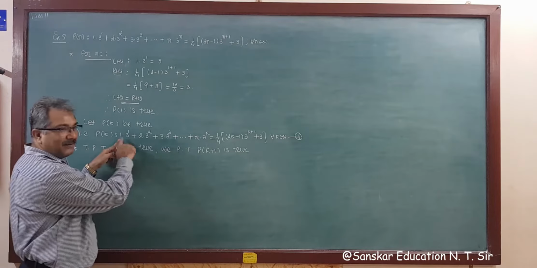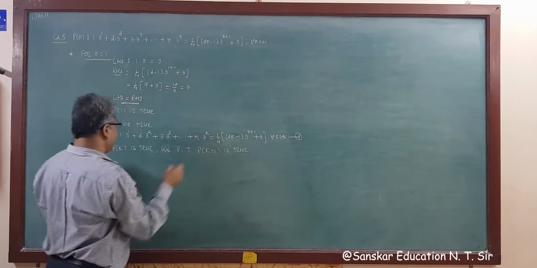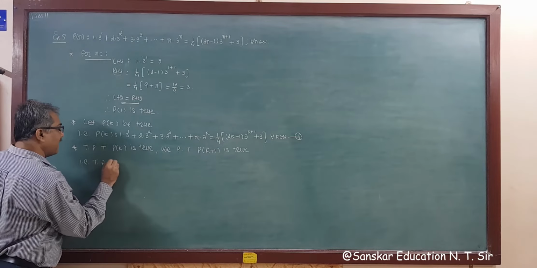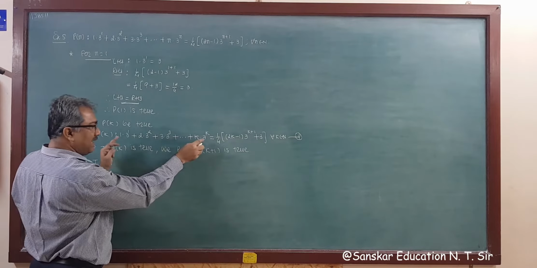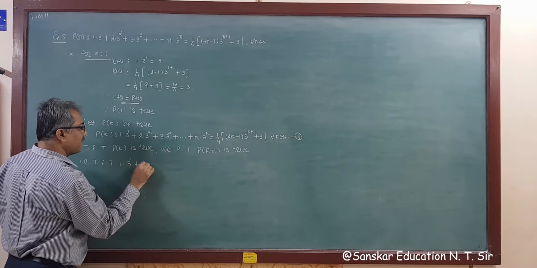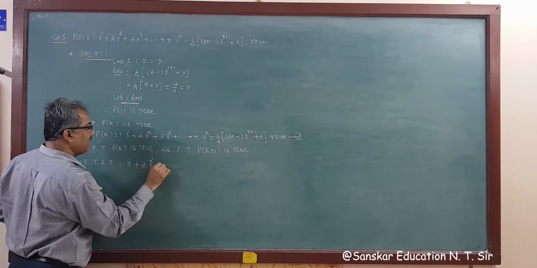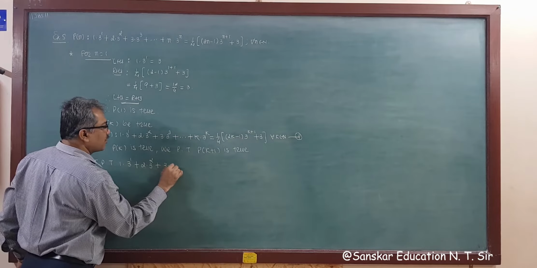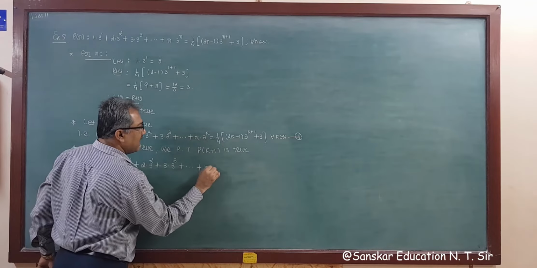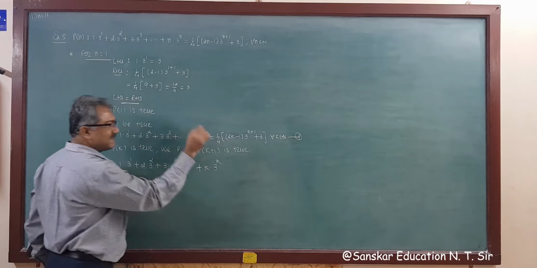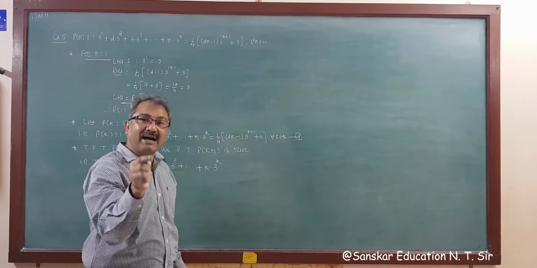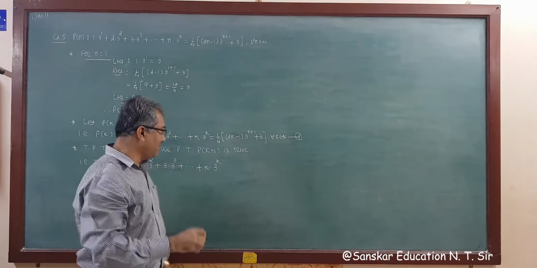Write down the left hand side of Pk as it is, that is 1 into 3 raised to 1 plus 2 into 3 square plus 3 into 3 cube plus dash plus k into 3 raised to k as it is, and then replace k by k plus 1.